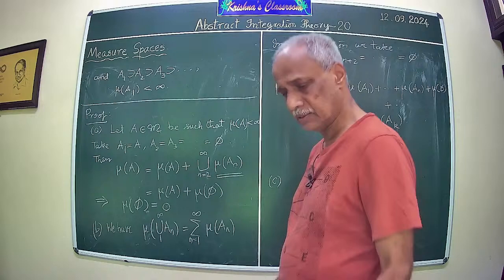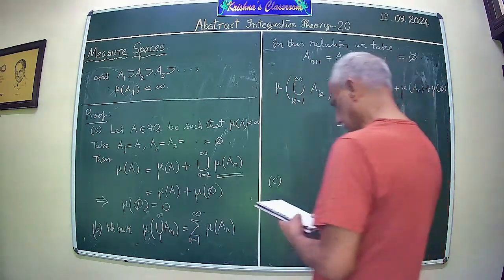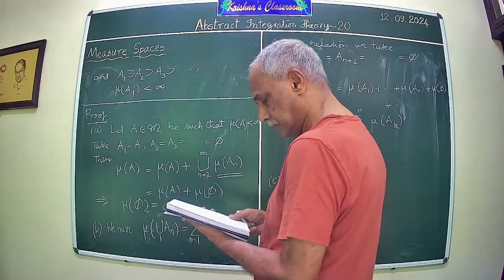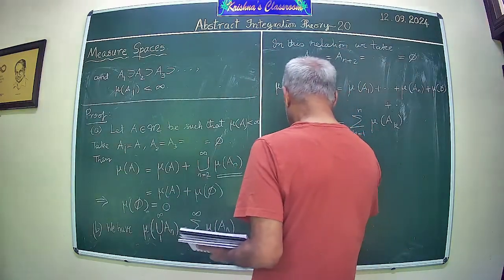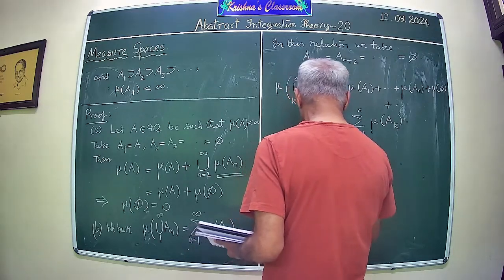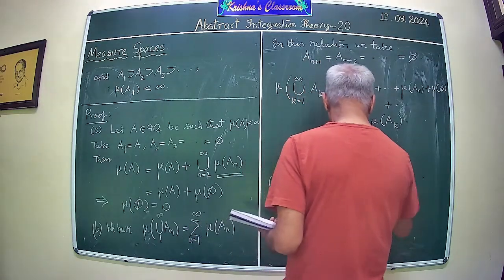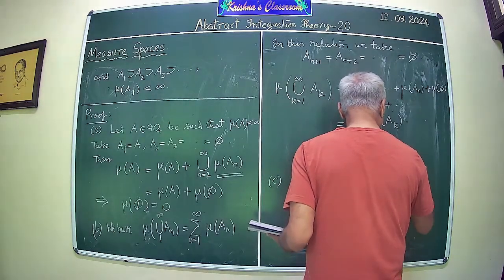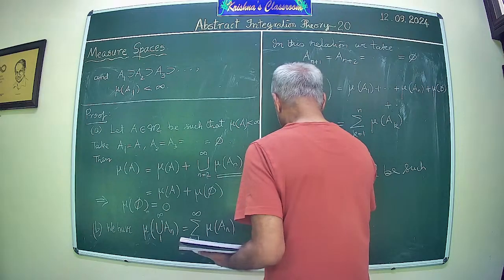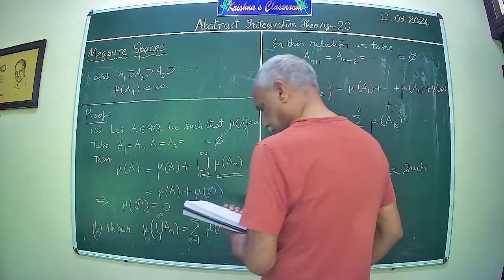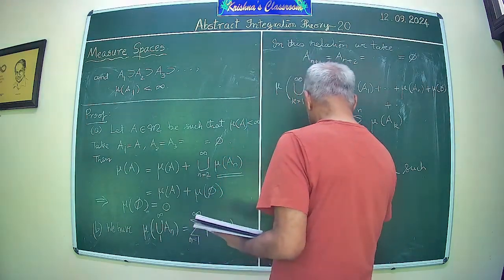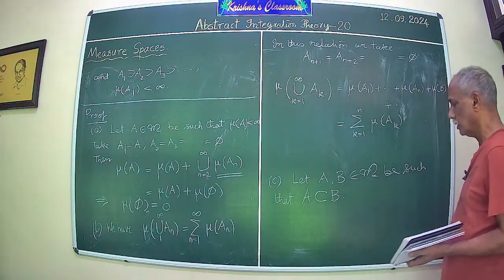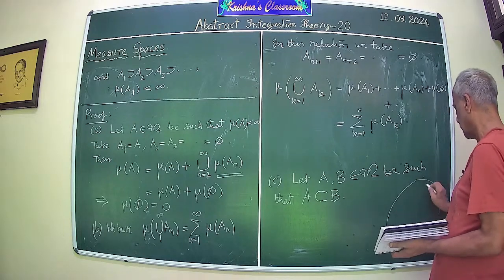Now for the disjoint collections, what we want is to prove the third statement. So let A and B be measurable sets such that A is contained in B. So you have this situation.